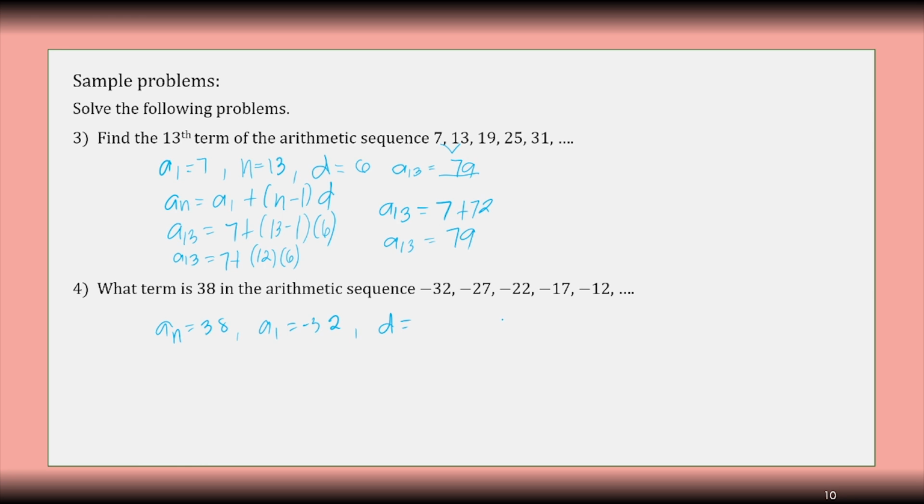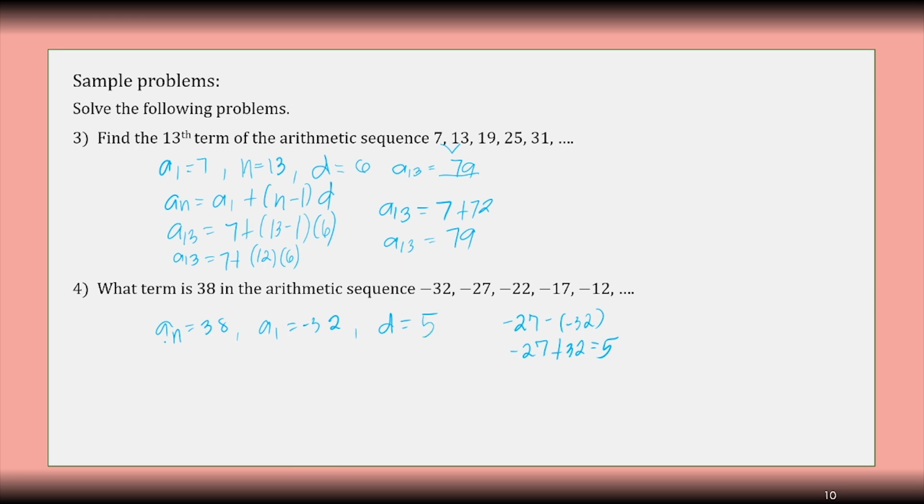So, ito ay negative 27 minus negative 32. So, negative times negative is positive. It will become positive 32. Then, minus natin, negative 27 plus 32, it is positive 5. So, ang common difference natin is positive 5.